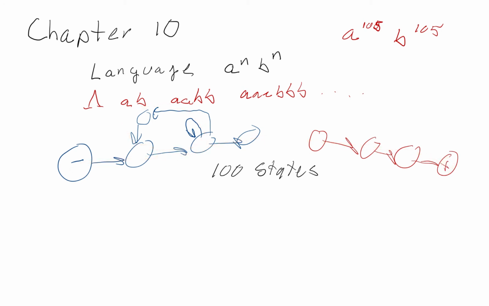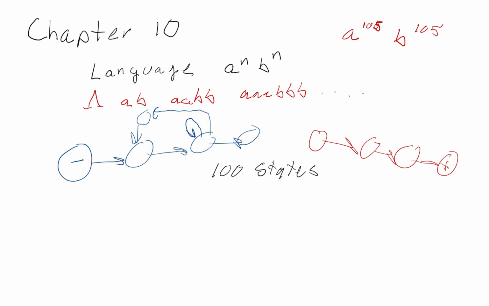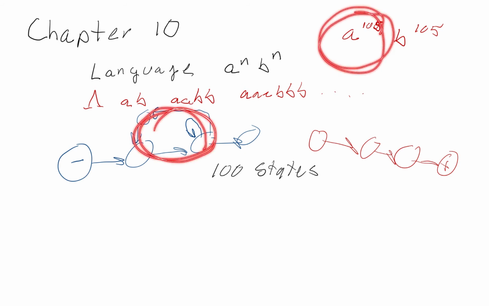Now let's assume that we do the exact same path, except we do this loop 2 times and then continue to the final state, or 3 times, or 4 times. As we're reading the a's, that means we're going to end up reading more and more a's.